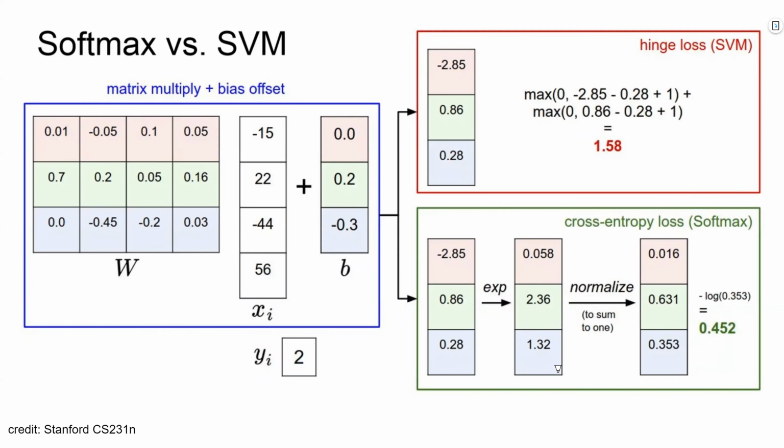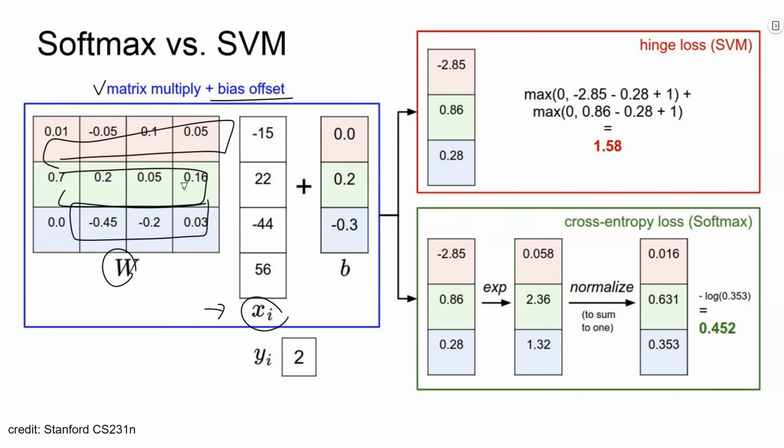Okay, let's compare softmax and SVM. The first process is the same. We just do matrix multiplication and add bias to the input. So the input image becomes flattened and then is multiplied with the matrices. And each line respectively represents each class template.